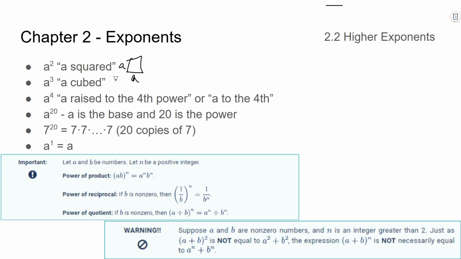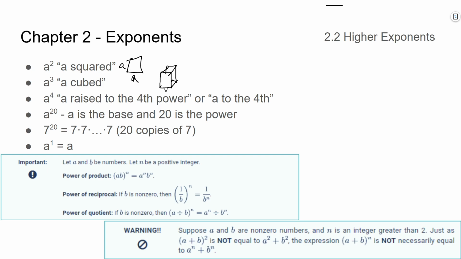All right, it's not a great looking square, but a to the third power is going to be called a cubed because, like a square, that would be the area of a cube. And a cube, we can draw a cube here. So we have a square here and a square here. You can kind of draw a little cube here. Maybe not the best looking cube, but you kind of get the idea here.